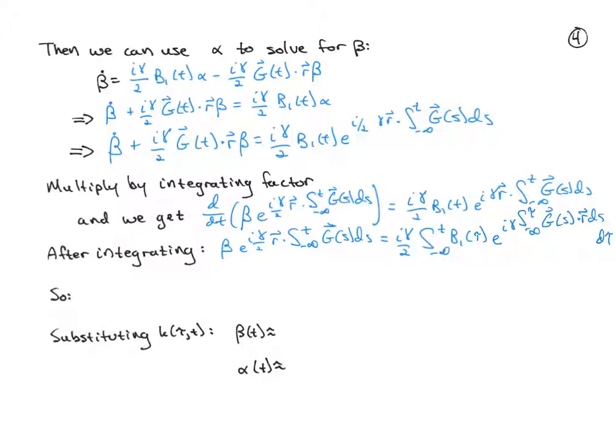So, if we multiply by alpha conjugate on both sides, we can get the solution for beta alone.